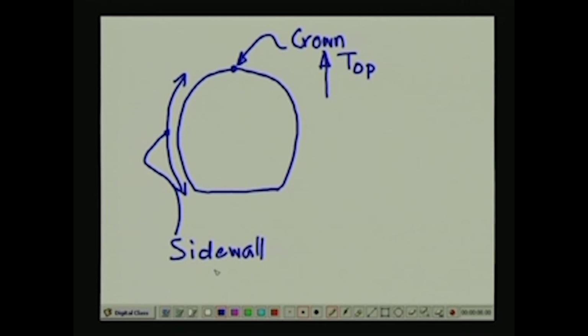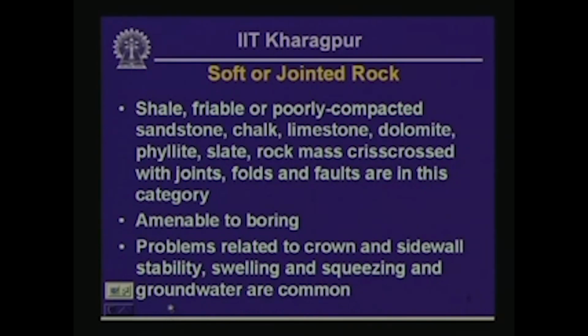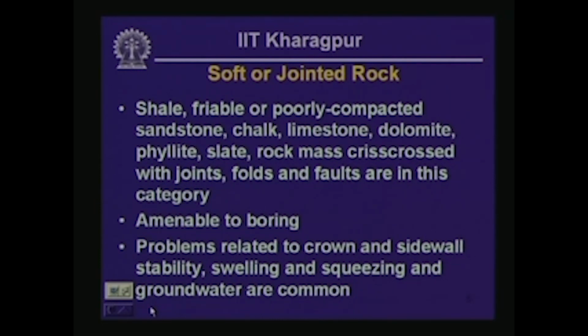Okay, so we are likely to have some problems of stability of rock mass near the crown and side wall if the tunnel is to be constructed through soft or jointed rock. Now, we are going to look at the problems that are typically encountered in greater detail as we run through this lesson.